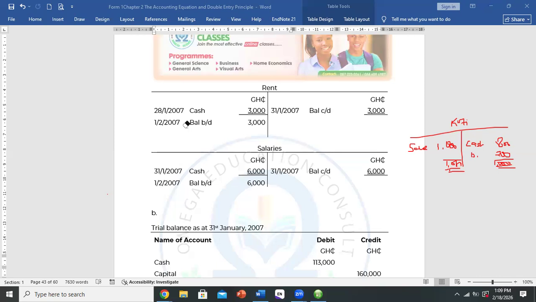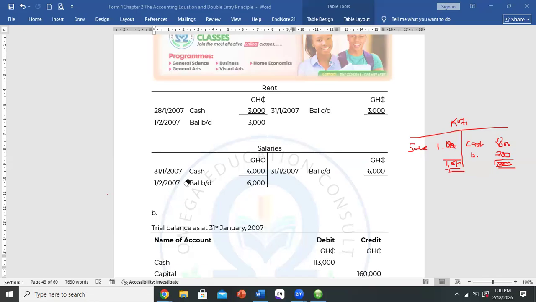If it is the opposite, where the credit side is more than the debit side, then the account has a credit balance. You can also use the balance brought down to know whether it is a debit or credit. So any account that has a balance brought down at the debit side is a debit balance.